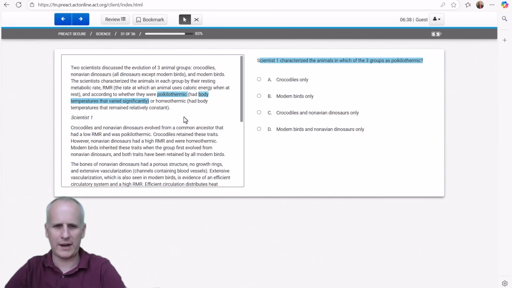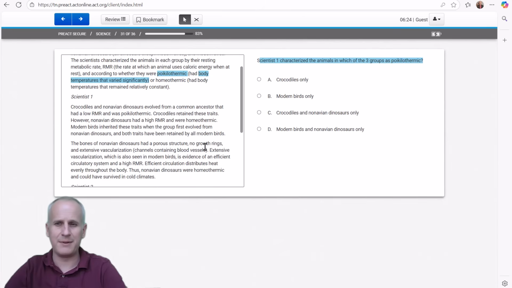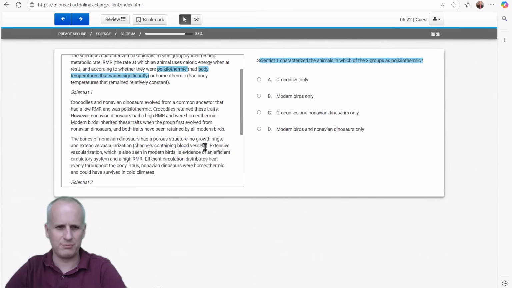And we should recognize that varying significantly means it's going to be cold-blooded, whereas warm-blooded is how you stay relatively constant, because cold-blooded you are influenced by the exterior conditions of the environment. So again, the limited outside knowledge you might need to have.